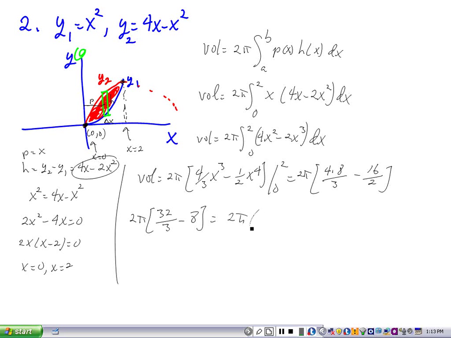So we get 2 pi times 32 minus 24, so that's 8 thirds, and we get 16 pi over 3. And that's what you want for the volume that we found using the shell method.